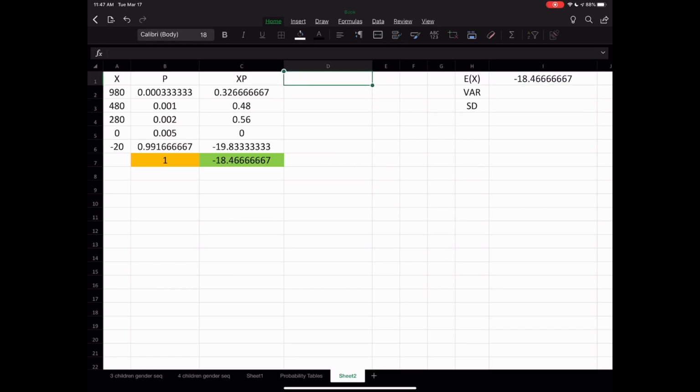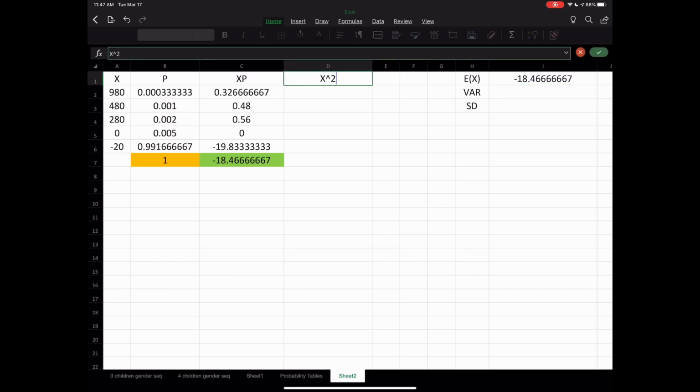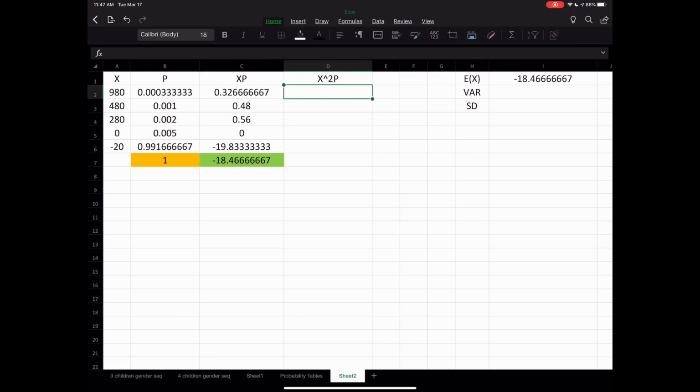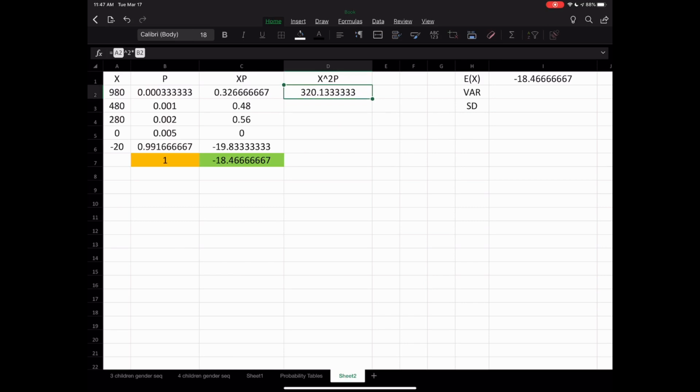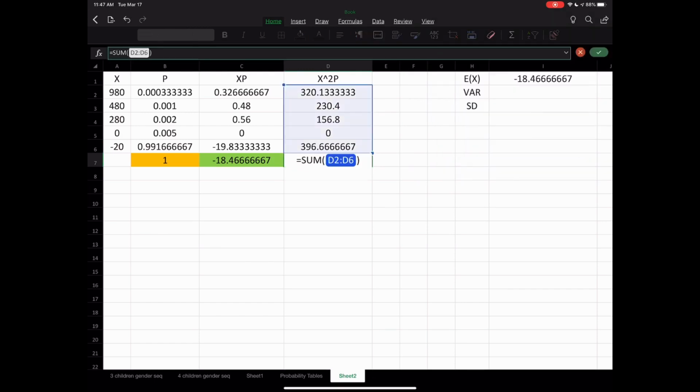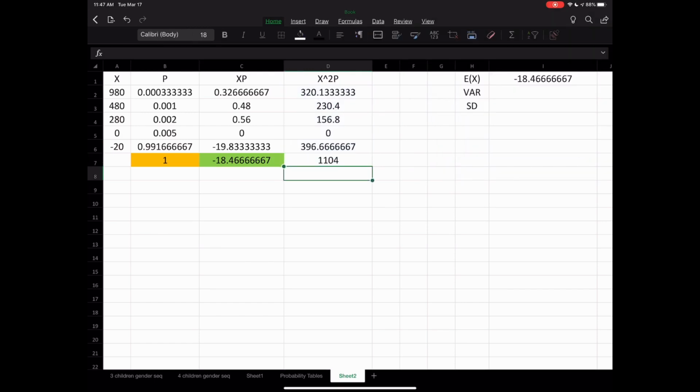Now how am I going to calculate my variance? Let's calculate x squared times p, which equals x to the power of 2 times p. Now I do that to all the rest of them in this table, drag it down, and I add them together, because I need that sum to calculate the variance.